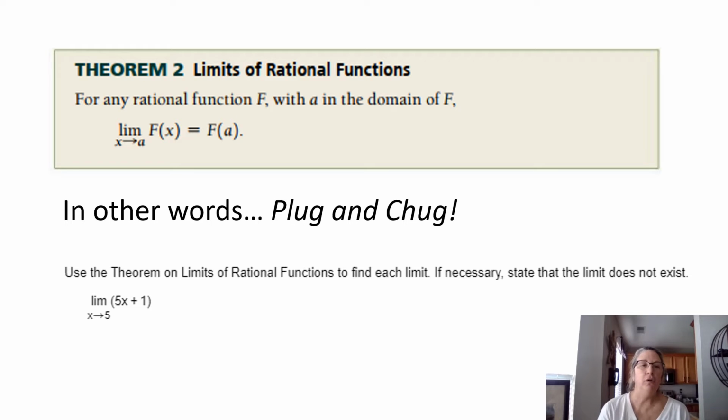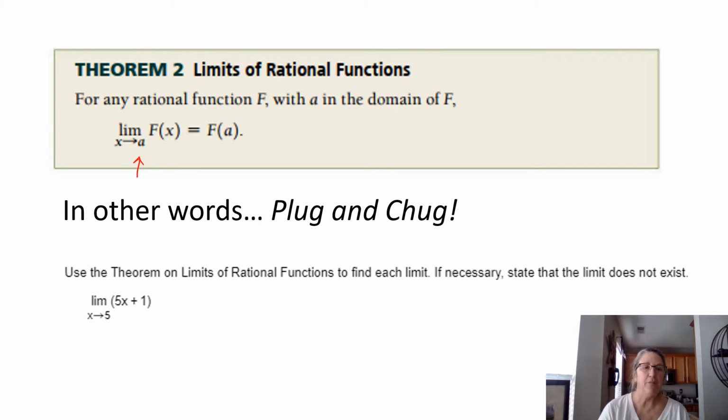Basically, if we're looking at the limit as x approaches a, and a is an actual number, of f of x, then that is equal to f of a. In other words, plug and chug, which is what my own favorite calculus teacher told me many, many years ago.